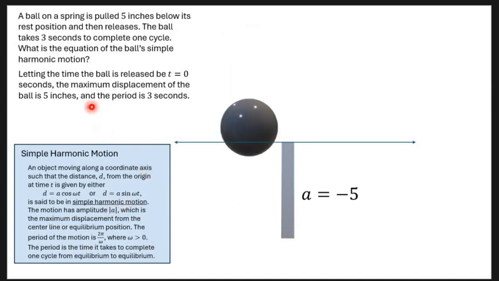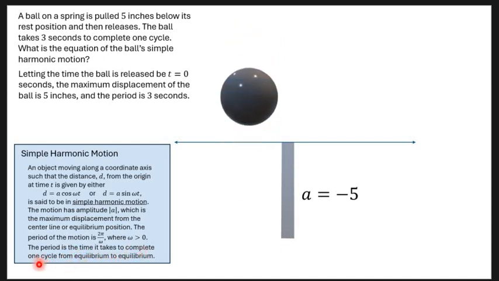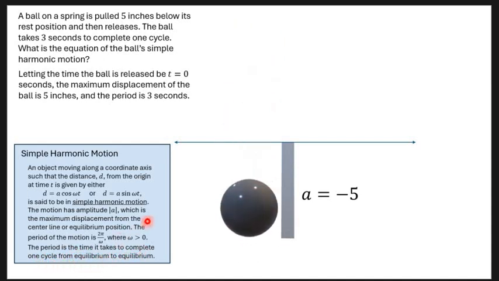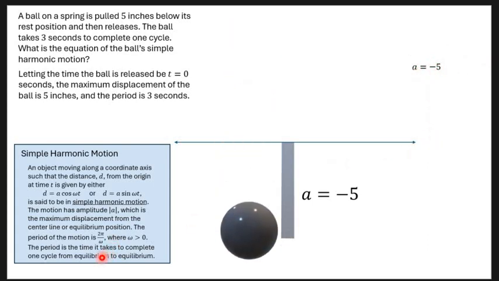We also have that the period is equal to 3 seconds because it said it takes the ball 3 seconds to complete one cycle, and we know that the period is the time it takes to complete one cycle. We have a is -5. We have that the period is equal to 3, but we also know that the period is equal to 2 pi over omega, so we have that 3 is equal to 2 pi over omega.